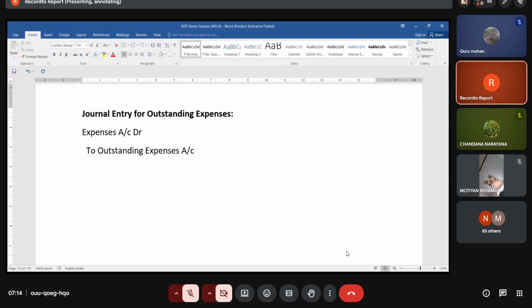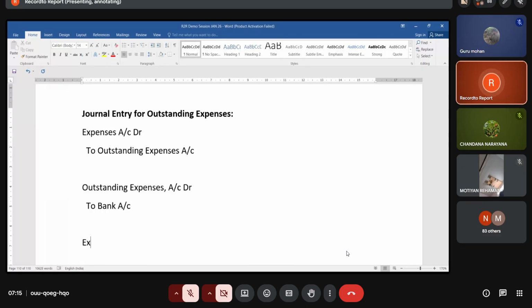While making the payment, outstanding expenses account debit to bank account.